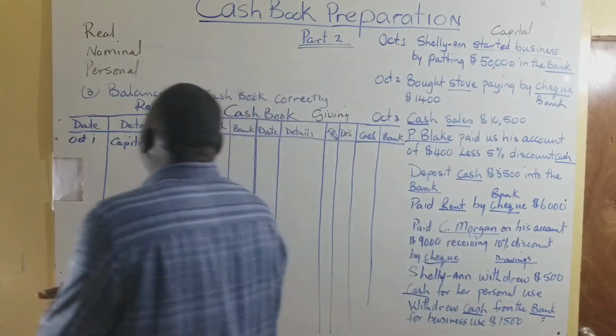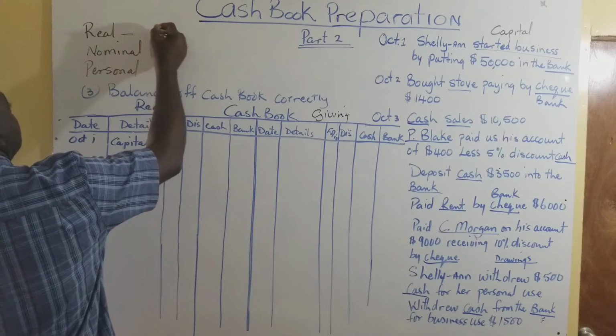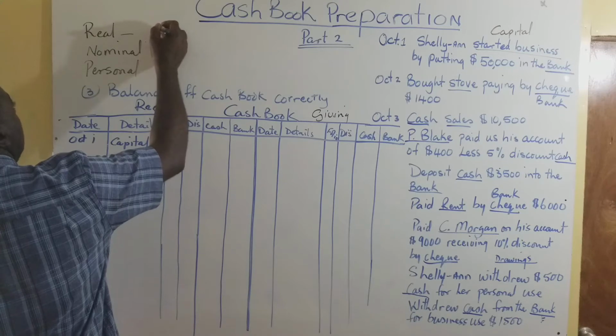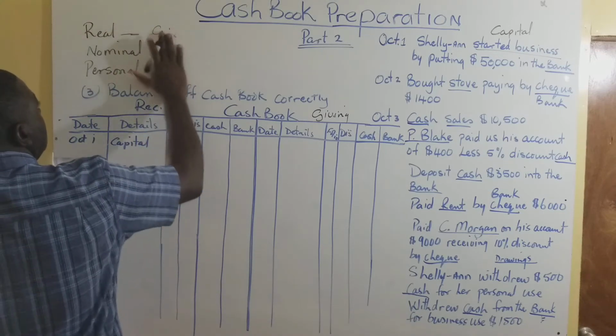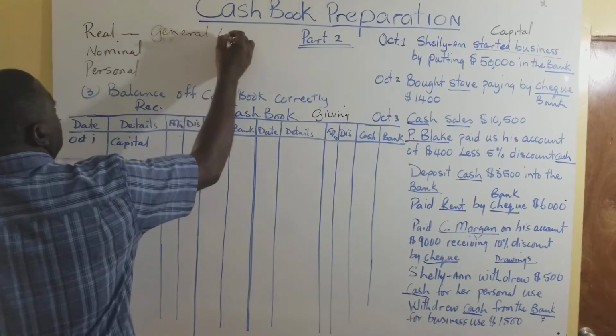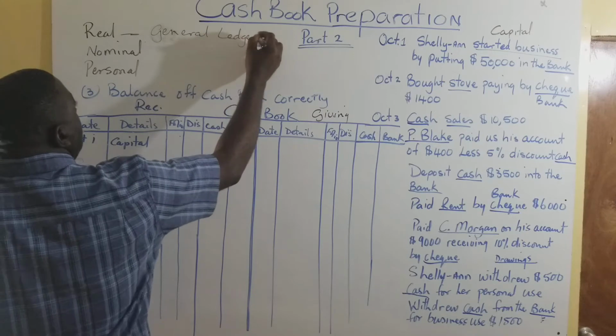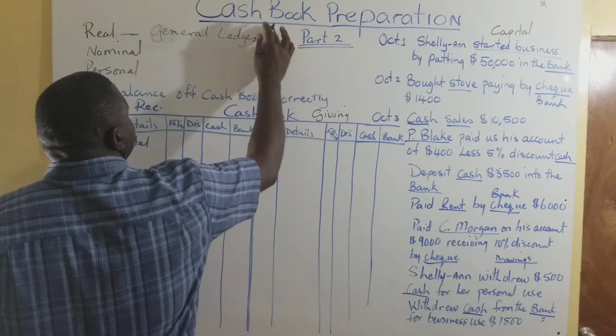Now, once we're dealing with real accounts, their accounts is what would have normally been recorded in what is referred to as the general ledger. And so we use this GL to represent general ledger.